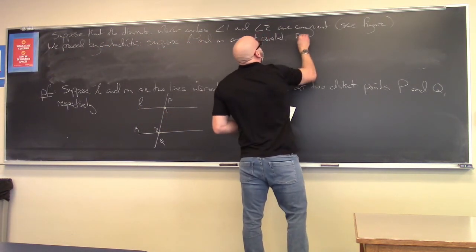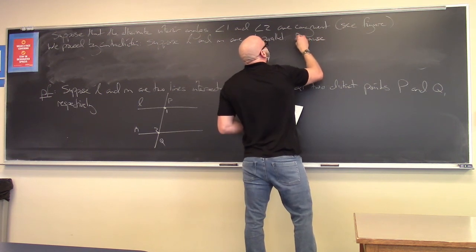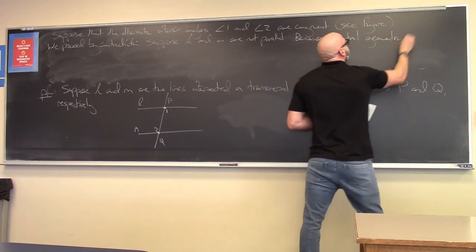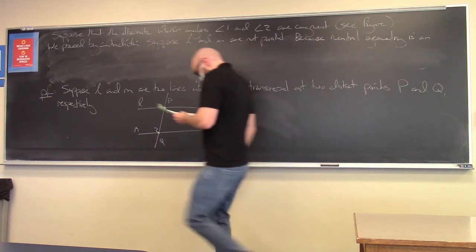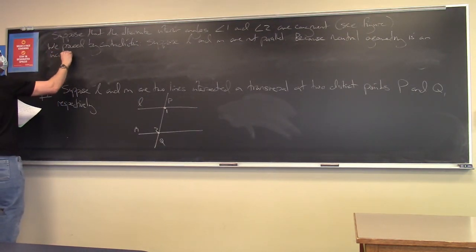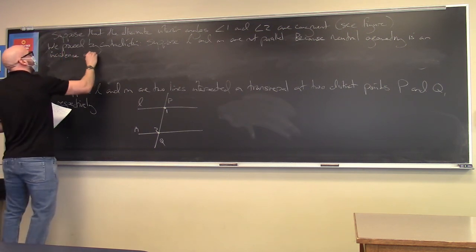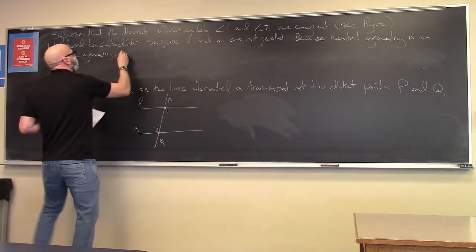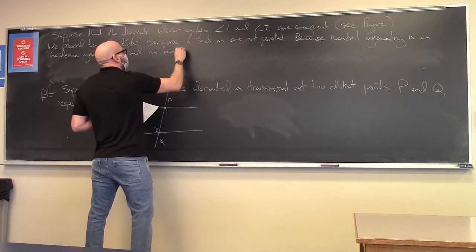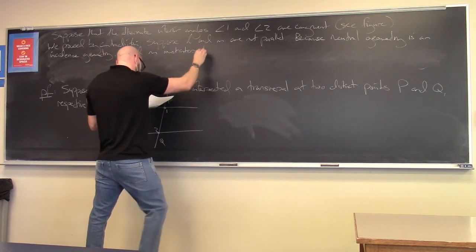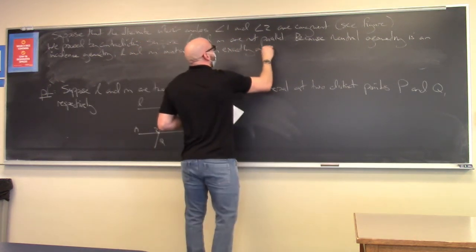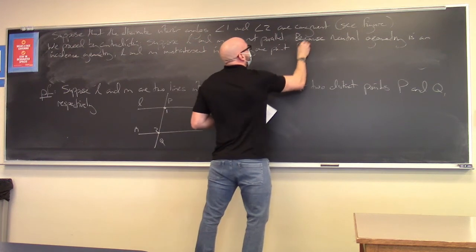So because neutral geometry is an incidence geometry, L and M must intersect in exactly 1 point, R.